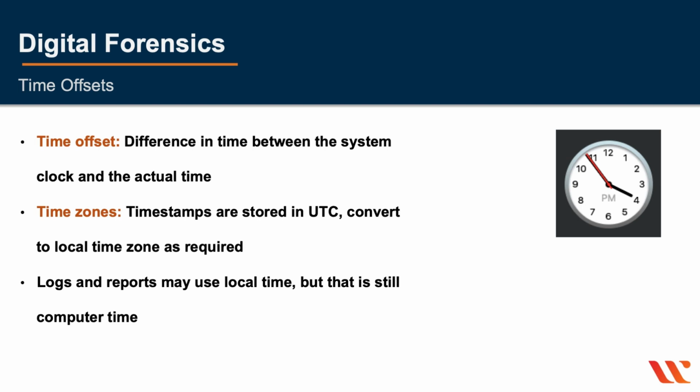So if the actual time zone is not specified there, then you want to go back and check the raw data, look at the 32-bit or the 64-bit number, and then convert that accordingly to the required time zone, because those numbers are going to be in UTC, so there is no discrepancy there.